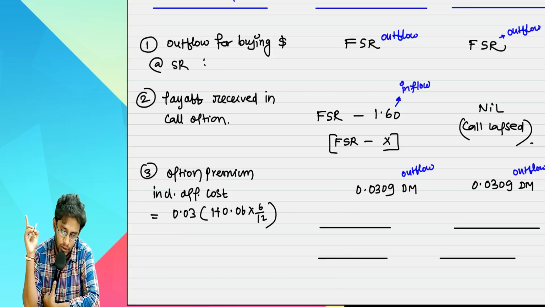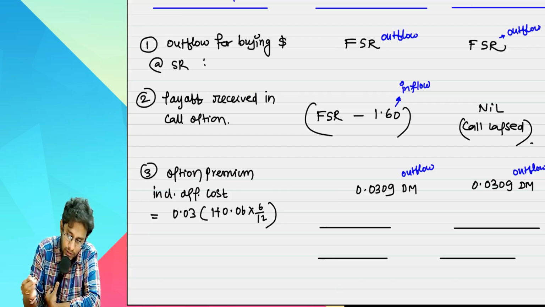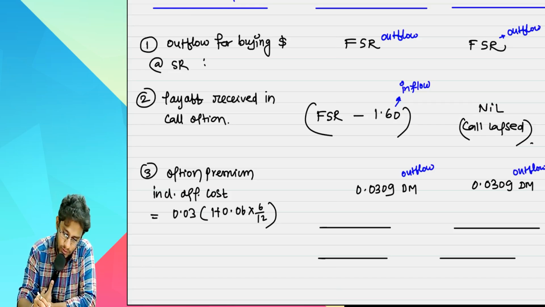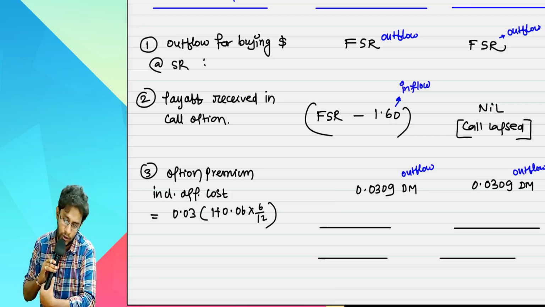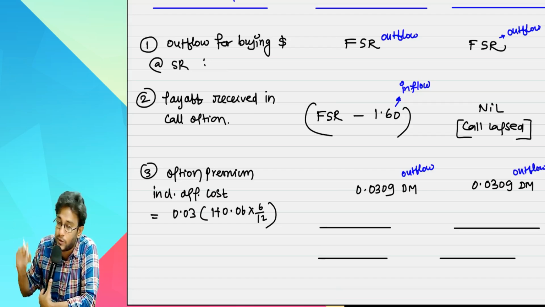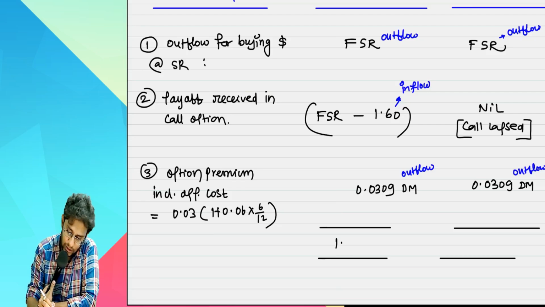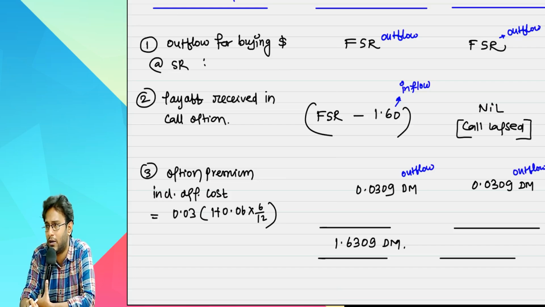FSR outflow minus FSR minus 1.6. FSR will get cancelled, or else if you are having any confusion, let me put like this. The brackets are better than inflow. The brackets' shape will change. That will do. So FSR minus FSR will die. Minus of minus will have 1.6 plus. This outflow. So this plus. So ultimate answer will be 1.6309 DM.